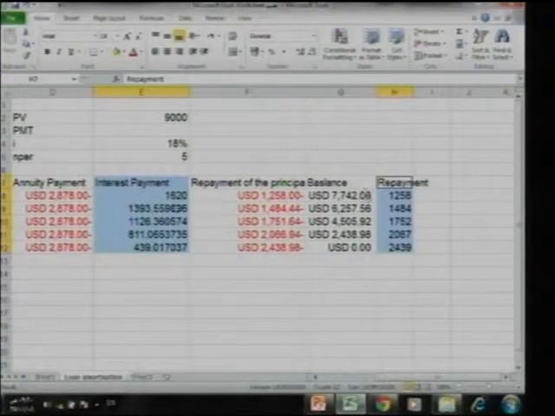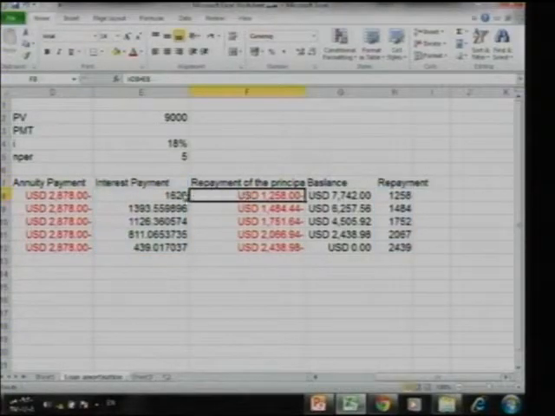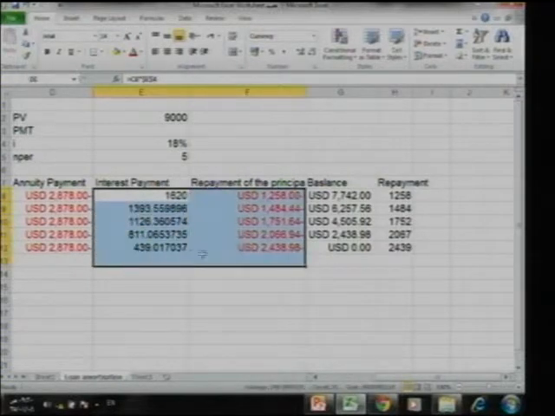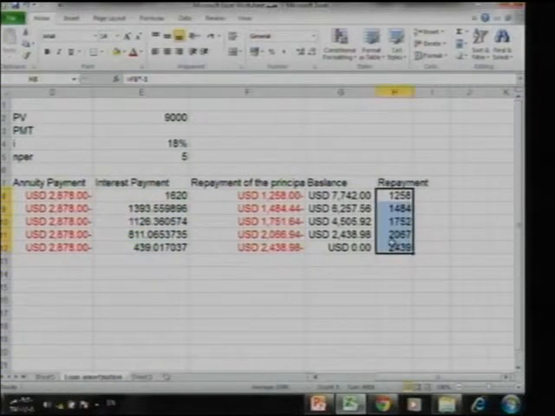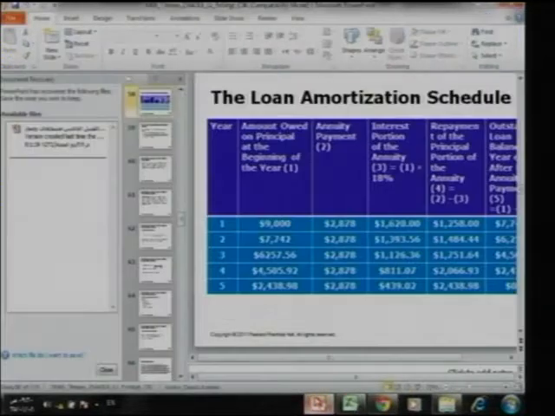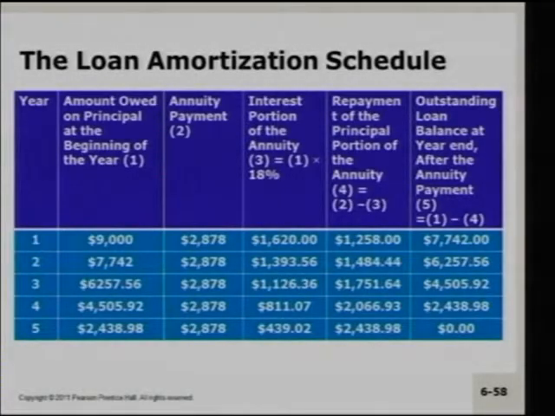Okay? But we will use another type of chart. Now, you observe this. As long as this is decreased, this is increased. Okay, let's go back to the PowerPoint here and observe this is the same thing.